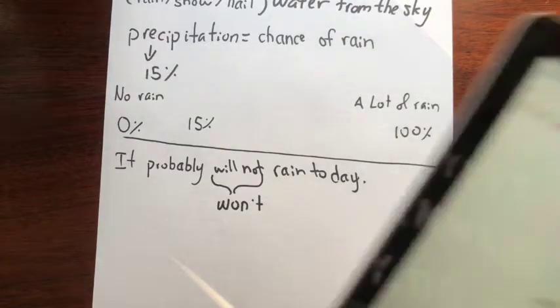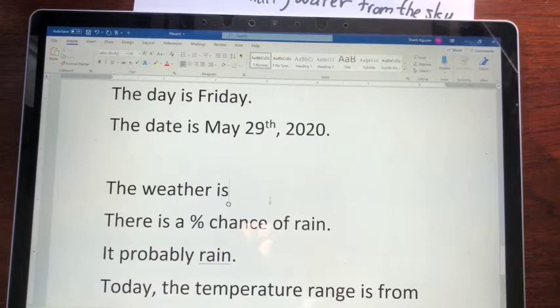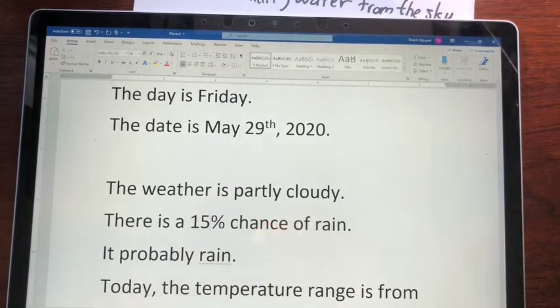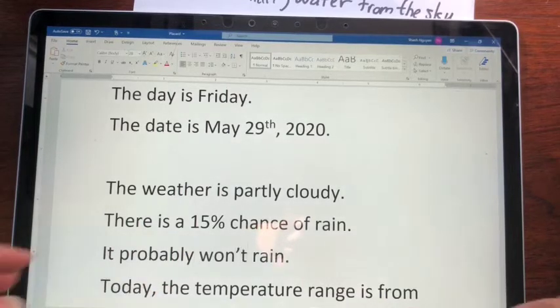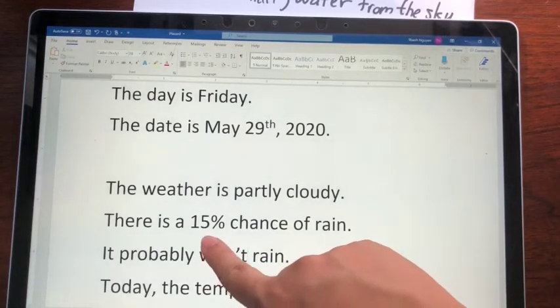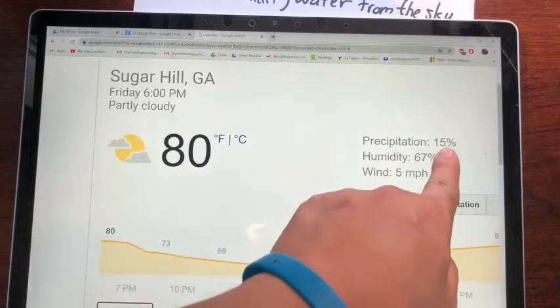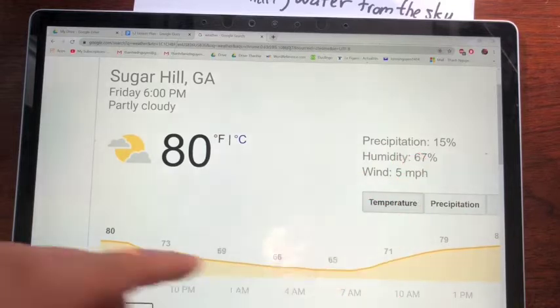So let's finish the warm-up. The weather is partly cloudy. There is a 15% chance of rain, which means it probably won't rain. I don't think it will rain today because there is only a 15% chance of rain, or a 15% precipitation, 15% chance of precipitation.